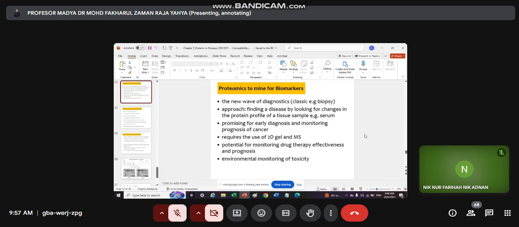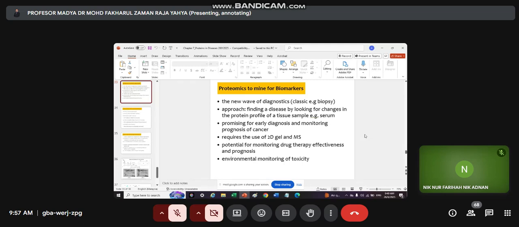The first sample is control or normal. The second one is abnormal or patient sample. By comparing different samples, we can see the changes. And these changes could be seen either using SDS-PAGE experiment, Western blotting, or MS analysis.